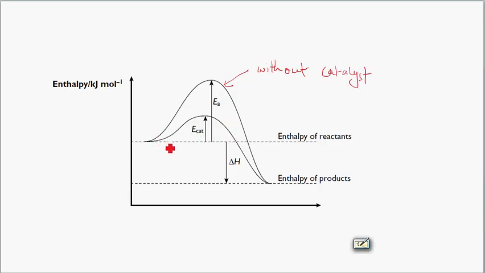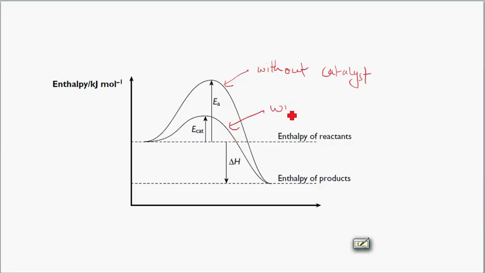And when we add a catalyst to the reaction, what is going to happen is that we notice that this curve here represents the energy profile diagram for a reaction that is using a catalyst.